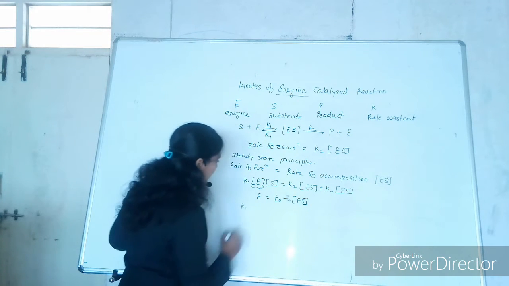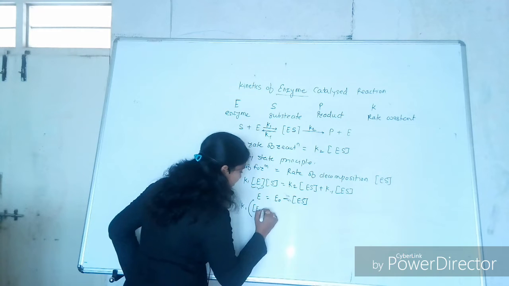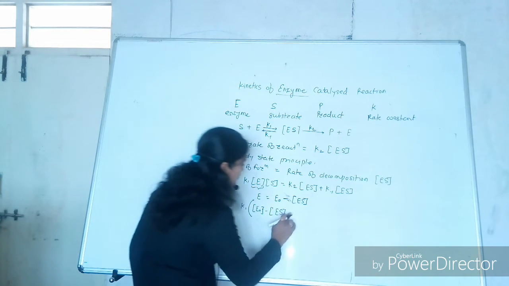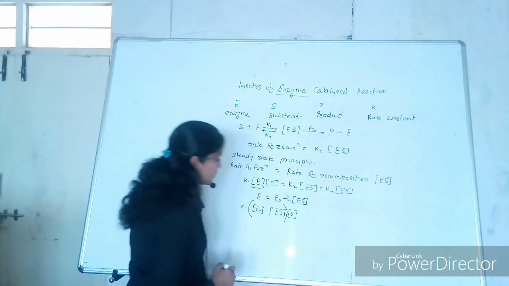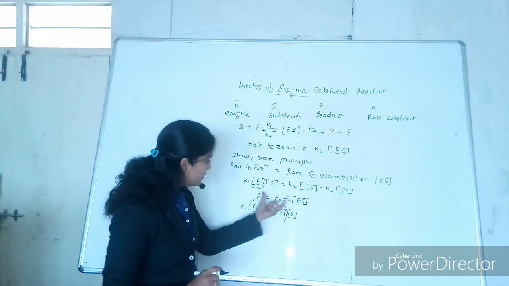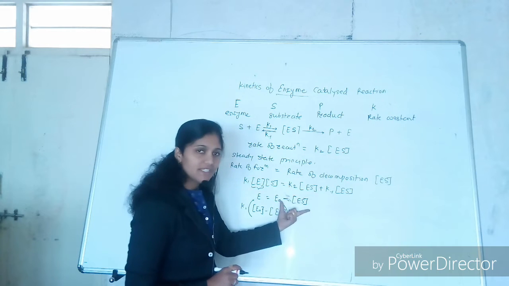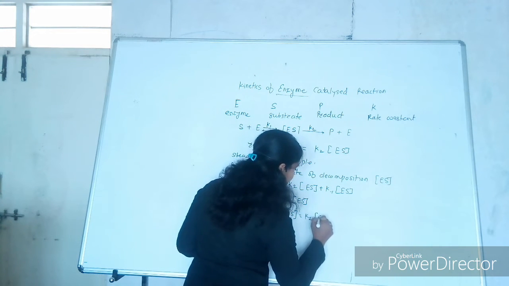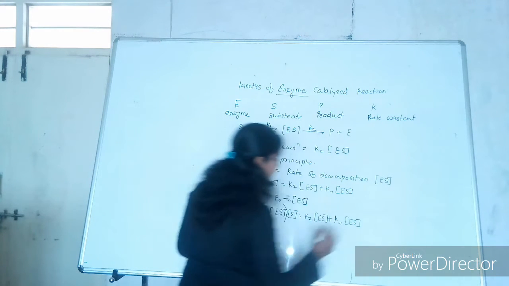We will get K1 into the concentration of enzyme, meaning E0 minus Es, into the concentration of S. I replace E by E0 minus Es, which is equal to the same term, that is K2 into Es plus K minus 1 into Es.